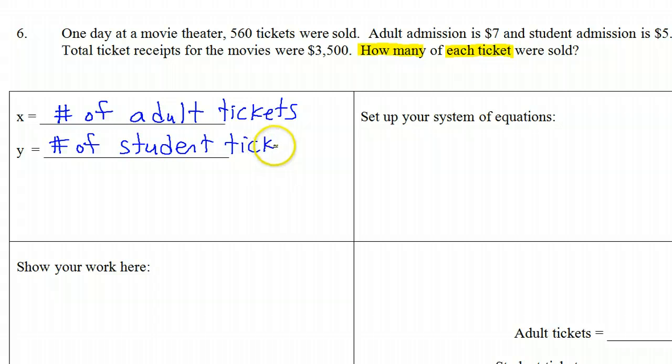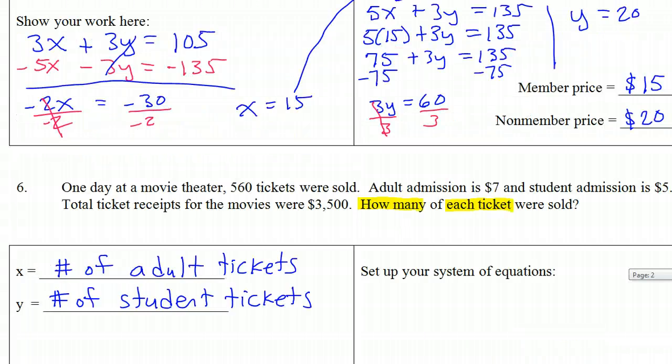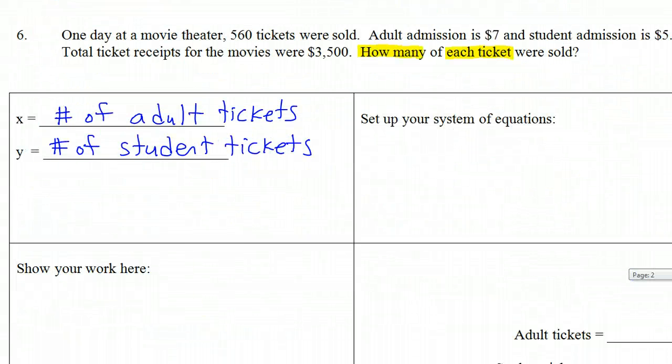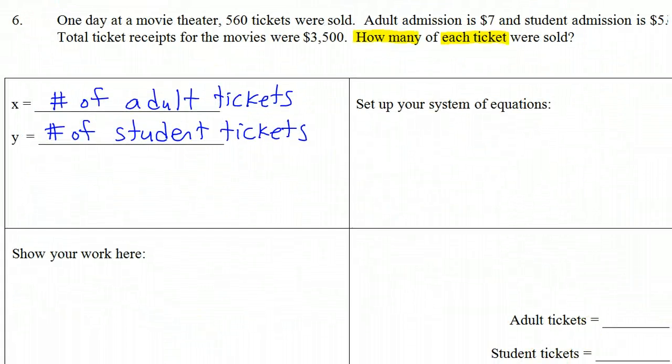Okay, now let's set up the equation. Now, this is different than the last one, those ones where the equations just sort of wrote themselves. We have to think about this slightly, because what we have here is a quantity equation, and then in this case a money equation. Now the quantity equation is very simple.